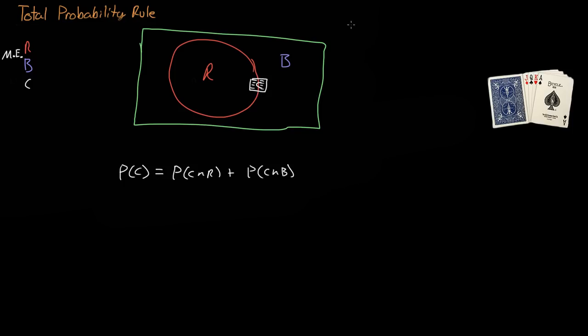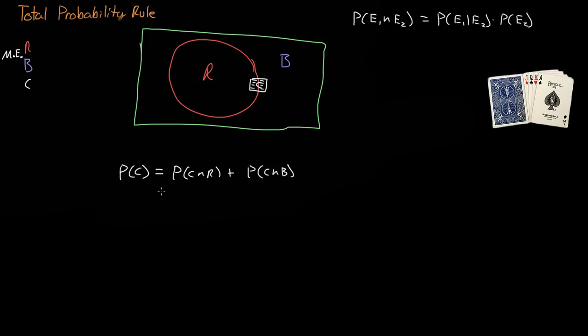Now if we remember from the conditional probability function that the probability of event 1 intersection event 2 is equal to the probability of event 1 given that event 2 has occurred times the probability of event 2.